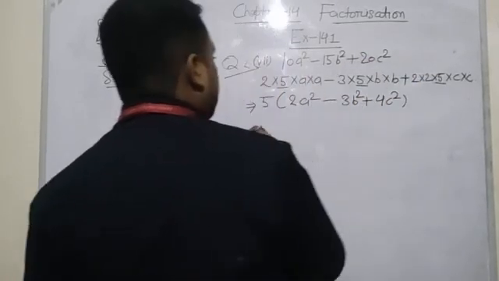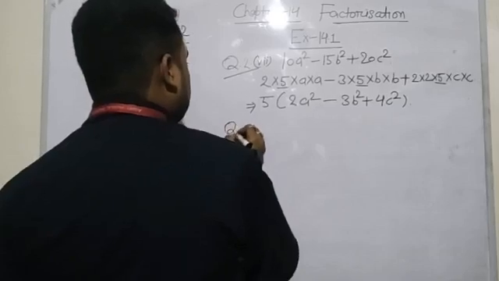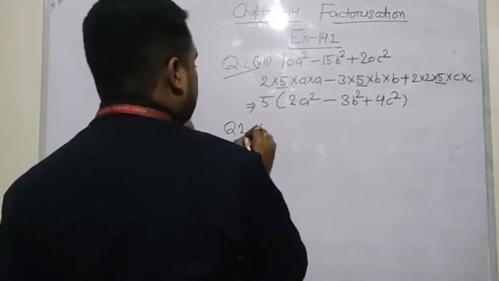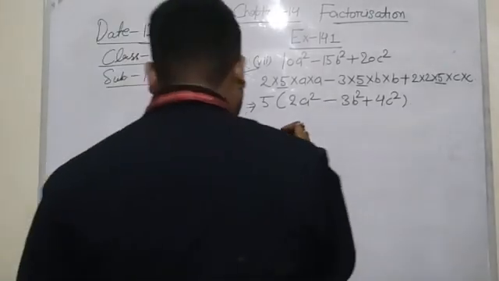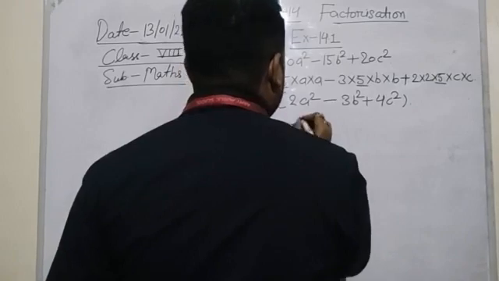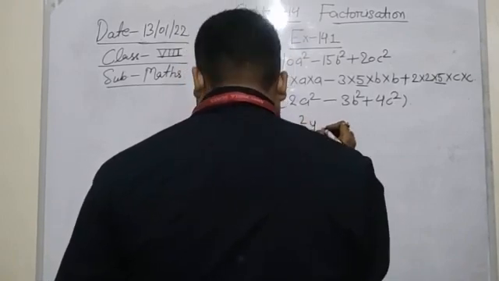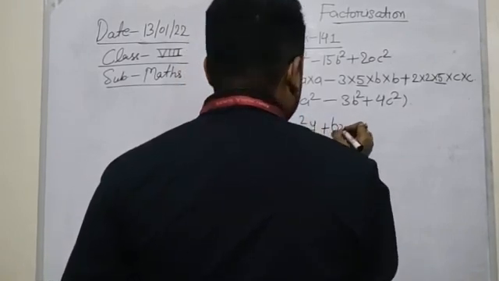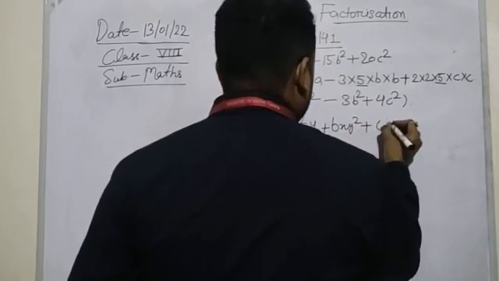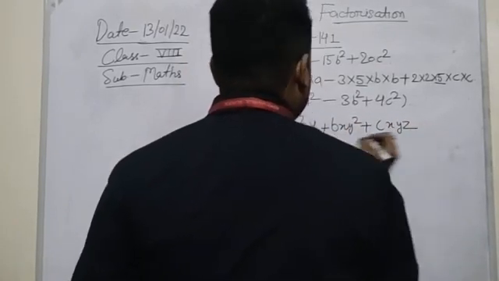So this is the factorization. Now question number 2, the last part, that is 10th part. ax square y plus bxy square and cxyz.